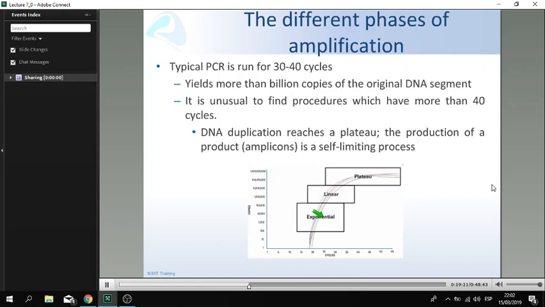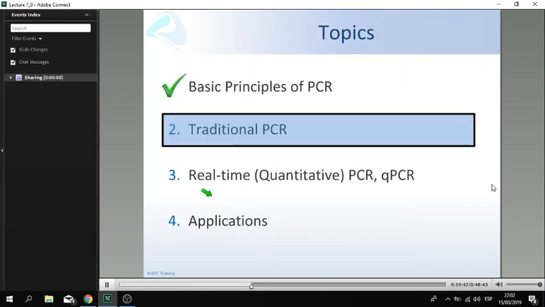But after a while, because we are reusing all the material and we have quite a lot of amplicon present, we start going into a linear phase where we don't duplicate every cycle, and then we reach the plateau phase at around 40. So we are not really getting anything anymore. So typically you would stop at 40 cycles.